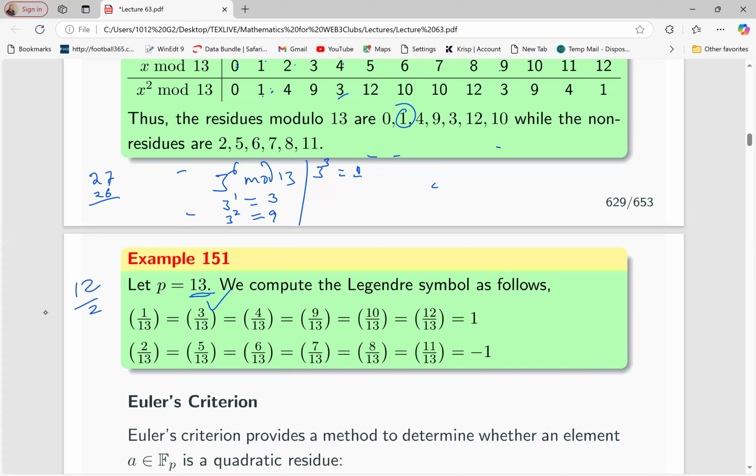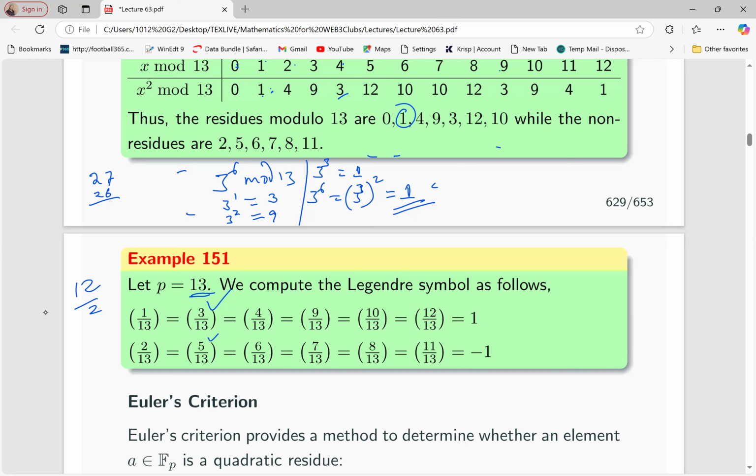What about 3 raised to 6? 3 raised to 6 is the same as 3 raised to 3 squared, which is again 1. So you can see that 3, therefore, is a quadratic residue.